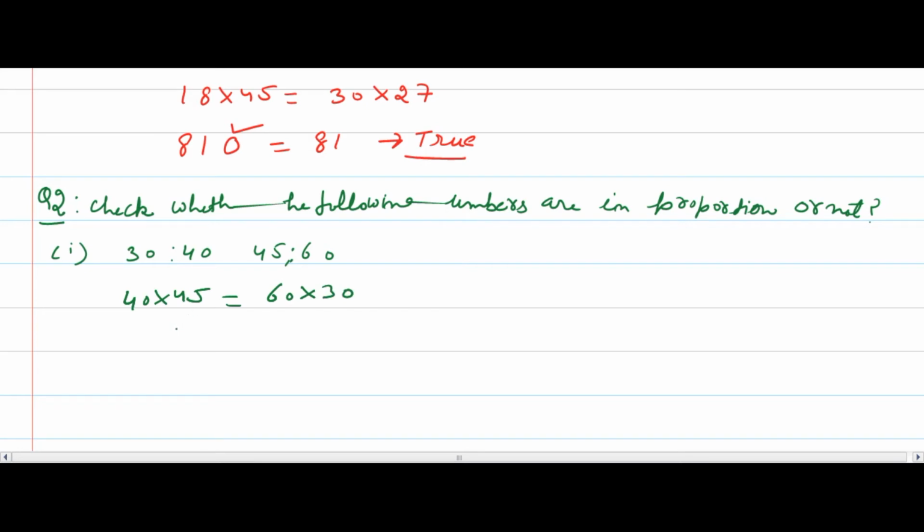So 4 5s are 20, 0 0, 4 4s are 16 plus 2, 18, equal to 6 3s are 18. So these are equal, hence now we can put they are in proportion. Right, students? In the same way you can do the remaining parts.